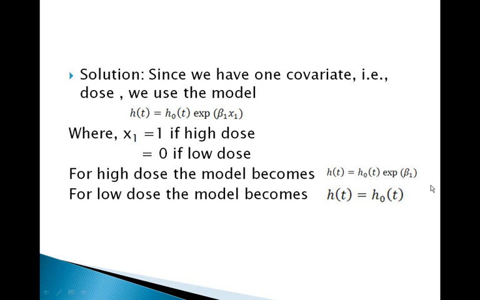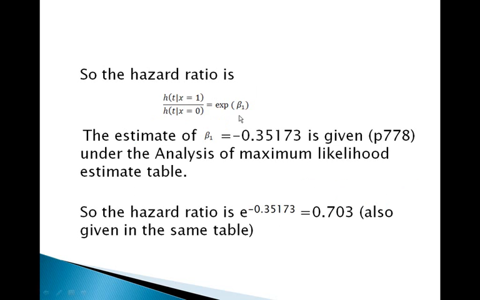The high dose model has H naught times the exponentiation of beta 1, and we have H sub naught for the low dose, and the ratio of these two yields the exponentiation of beta sub 1. The estimate of beta sub 1 is minus 0.35, so the hazard ratio is e to the minus 0.35, or 0.703.